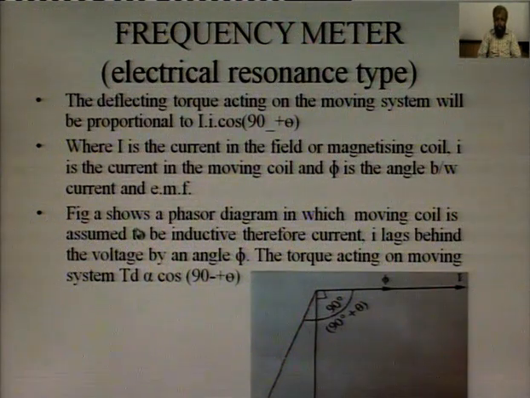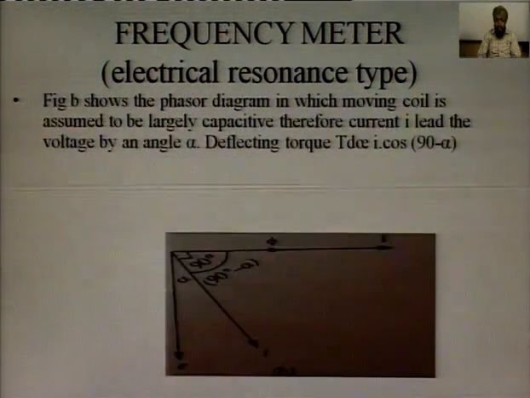Figure A shows a phasor diagram in which the moving coil is assumed to be inductive. Therefore, current i lags behind the voltage by angle phi. The torque acting on the moving system, that is deflecting torque Td, is directly proportional to cos(90 ± θ).